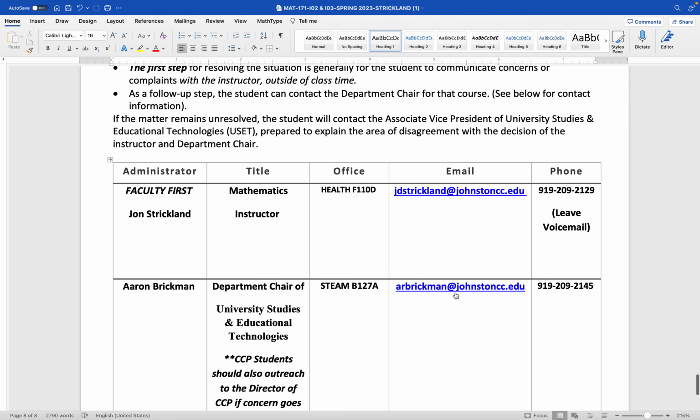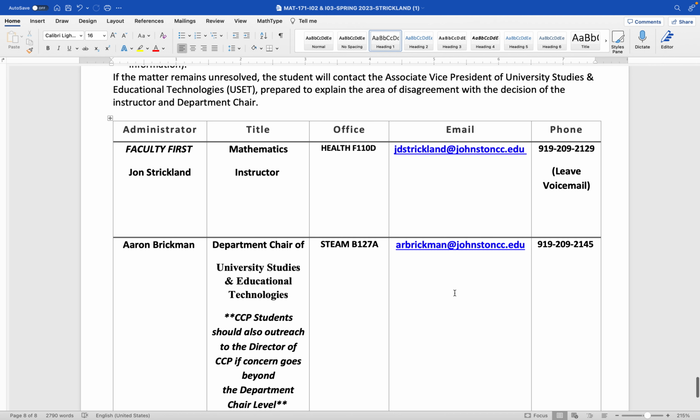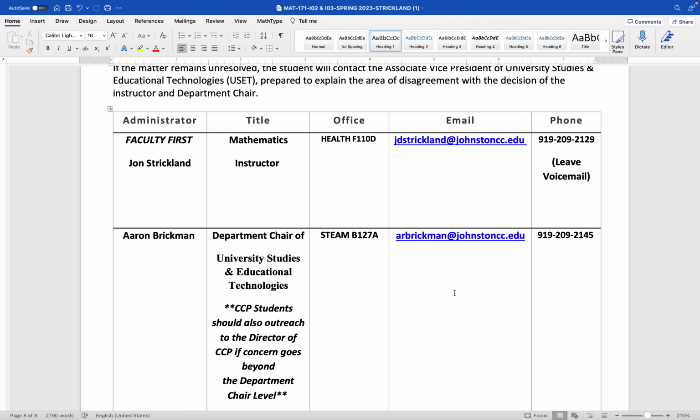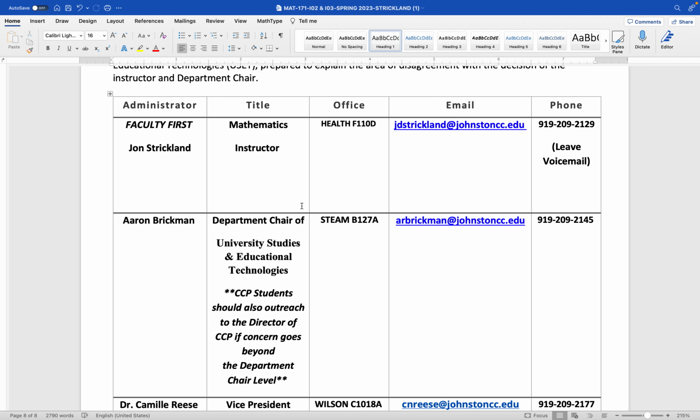And so in terms of the contacts, in terms of any concerns, I am the first person to contact. And if there are still any ongoing concerns, the next person is Mr. Aaron Brickman, and he is the department chair of the University Studies and Educational Technology. His office is in the STEAM building, room B127A, and his contact information is included.